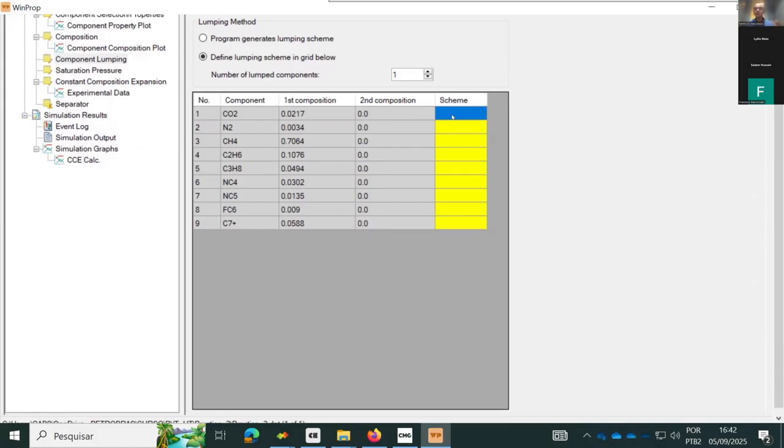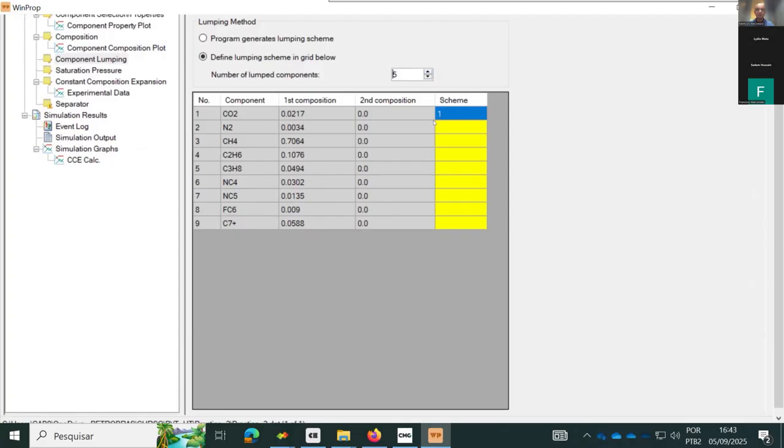So the CO2 should be represented as a separate component in this case. So let's keep CO2 as a separate component because I'm planning to use this as a site to store CO2. And the other component, maybe I can lump. Let's put a big number here.